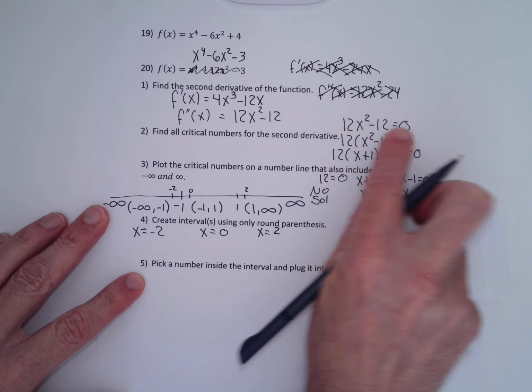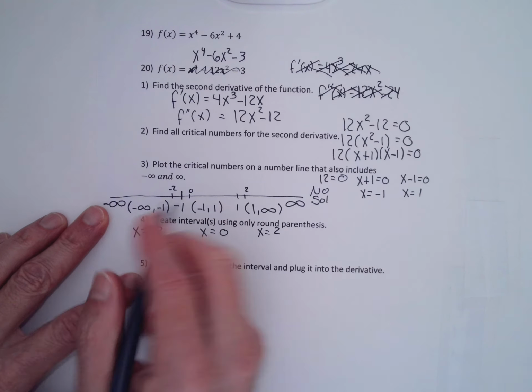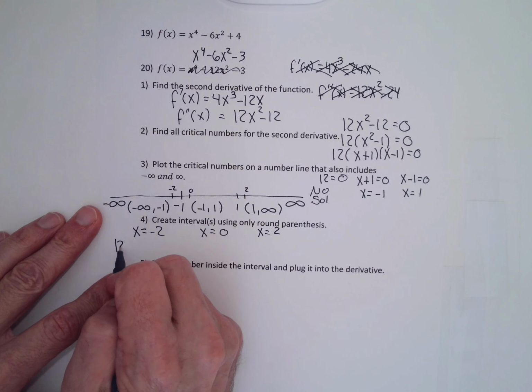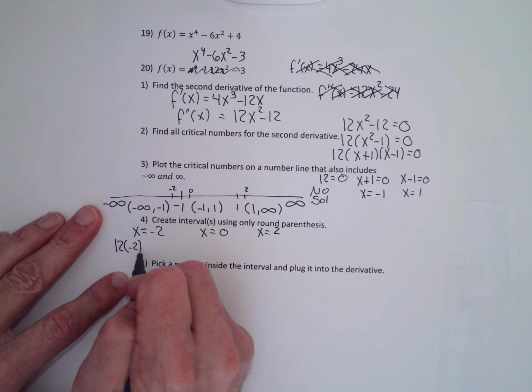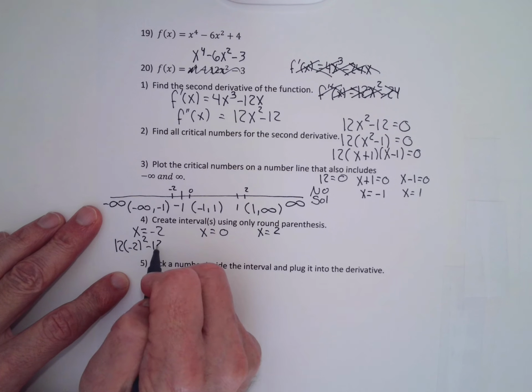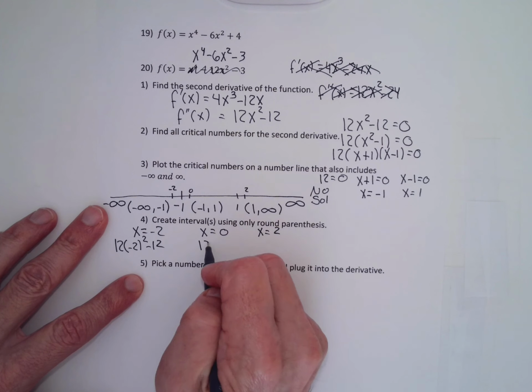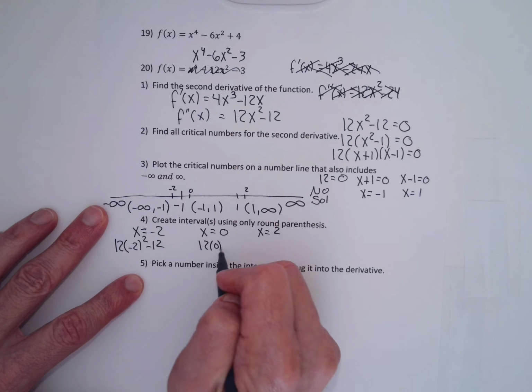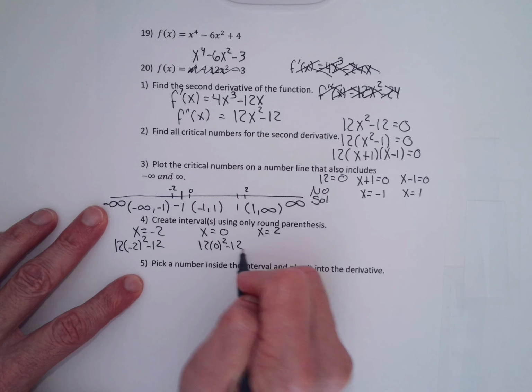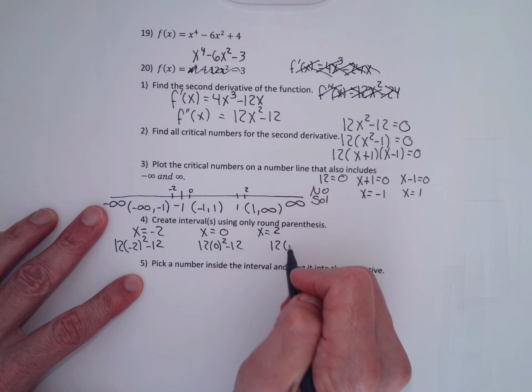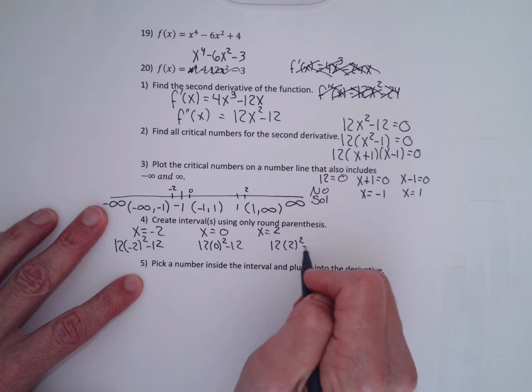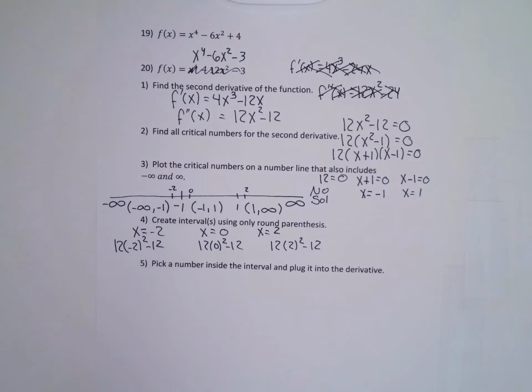Plug them into probably that version of the second derivative. So I'm going to go 12 times negative 2 squared minus 12, and 12 times 0 squared minus 12, and 12 times positive 2 squared minus 12.